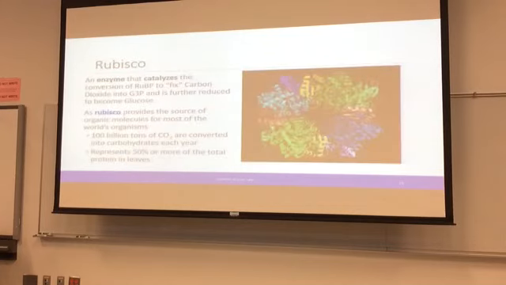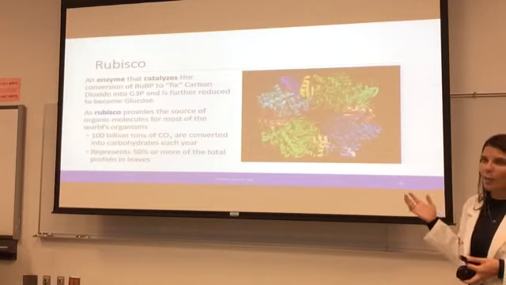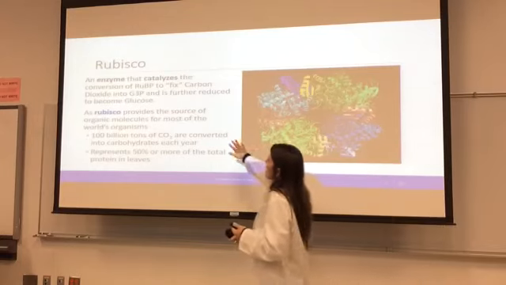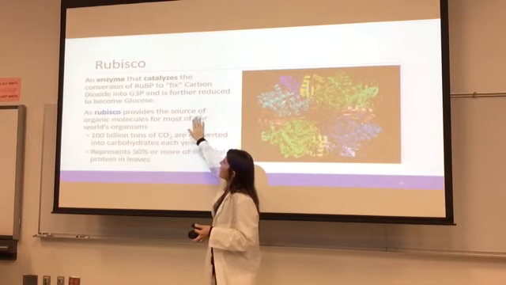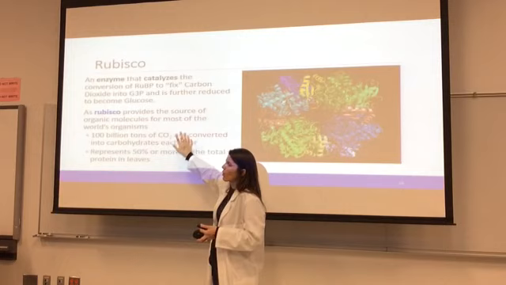So real quick on Rubisco. It says Rubisco is the enzyme that catalyzes the fixation of carbon dioxide to glucose. So I've already said that. Rubisco provides the source of organic molecules for most of the world's organisms.